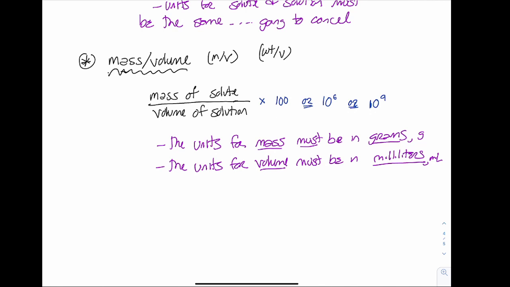They don't cancel. Grams do not cancel milliliters, but it's standard to not show them because we know that it's grams per milliliter. They can't just be whatever. The standard is grams per milliliter. So you don't need to show units, even though they don't actually cancel. It's very rare that we don't show units even though they have them.